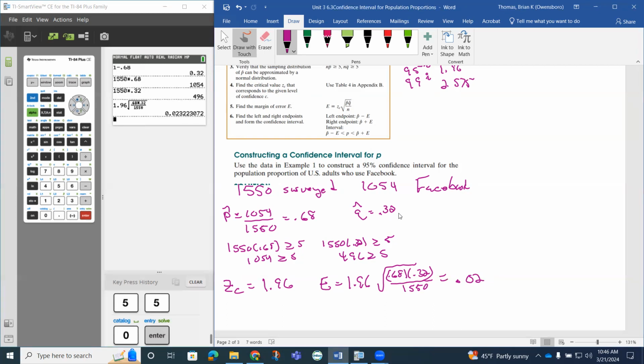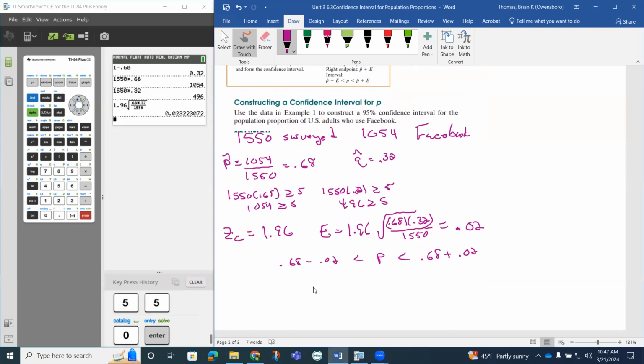So to find our left endpoint, we're going to have p hat minus c, so 0.68 minus 0.02 is less than p, and then p hat, which is 0.68, plus the 0.02 margin of error gives us our right side.